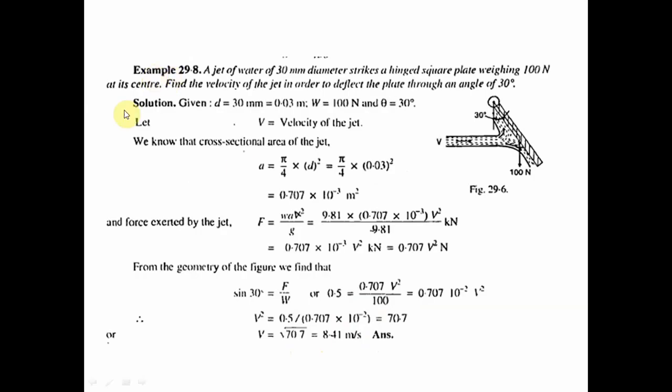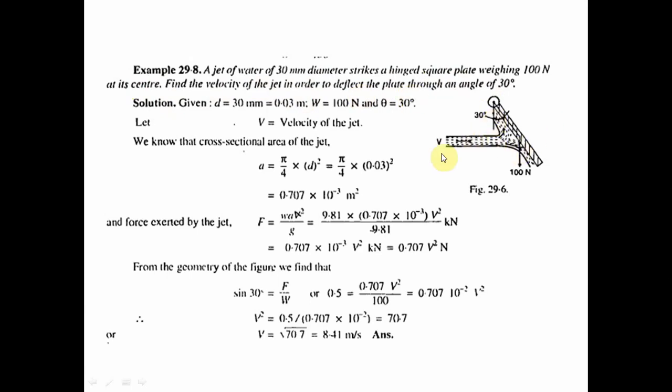So next problem, that is inclined plate, a jet of water striking the inclined plate. Okay, a jet of water 30 mm in diameter strikes a hinged square plate weighing 100 Newton at its center. Find the velocity of jet in order to deflect the plate through an angle of 30 degree.